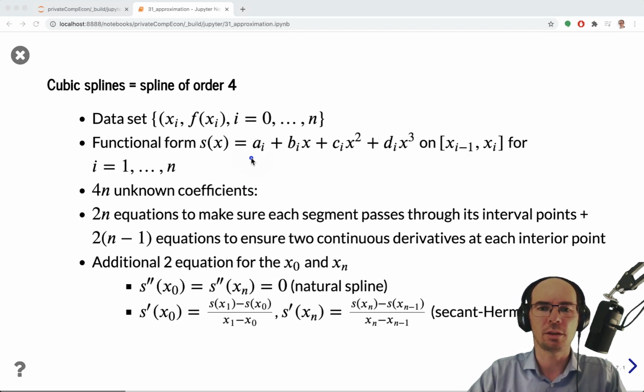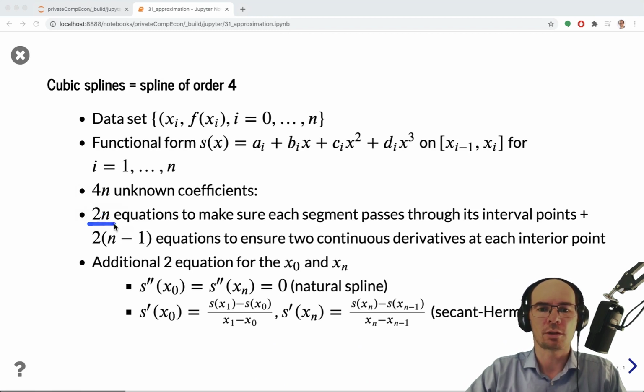And how do we find all of these many coefficients? Let's count them first of all. We have 4 coefficients for each of the intervals, and the grid starts from index 0 and goes all the way to n. So there will be n intervals on this grid. Altogether we will have 4 times n unknown parameters.